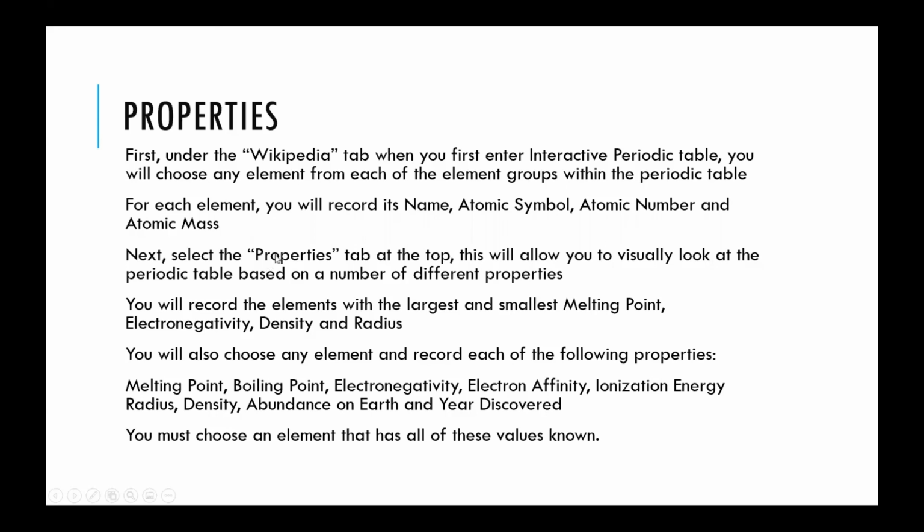So again, in the first part, you're recording the name, atomic symbol, atomic number, and atomic mass for a number of elements in each element group. You're looking at different properties, melting point, electronegativity, density, and radius, and seeing which elements have the largest and smallest of those. Choosing any element and recording its melting point, boiling point, electronegativity, electron affinity, ionization energy, radius, density, abundance, and the year discovered.